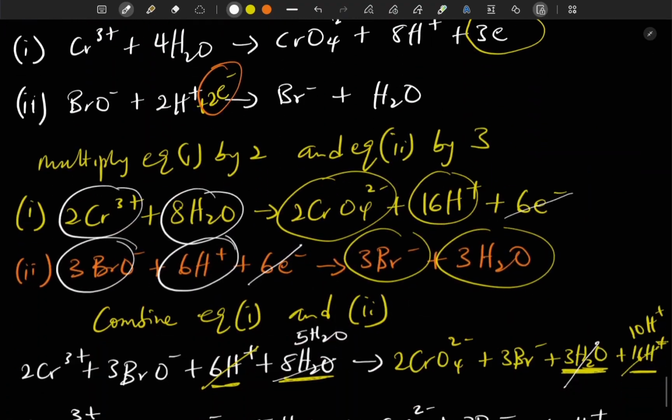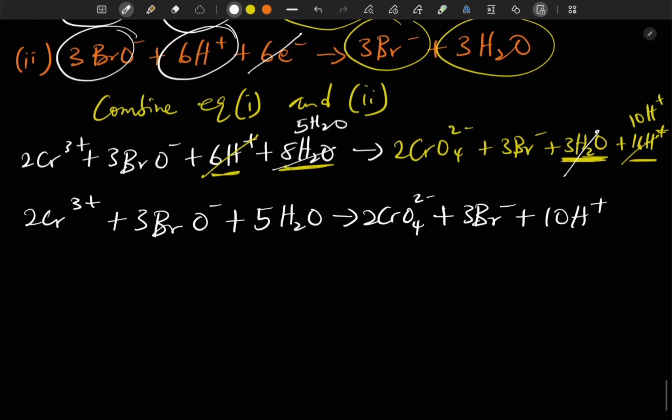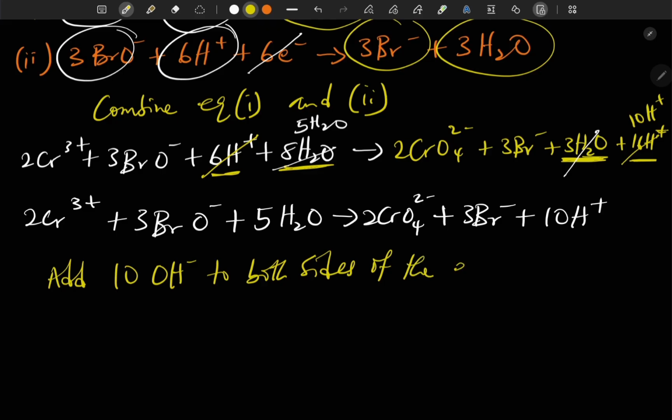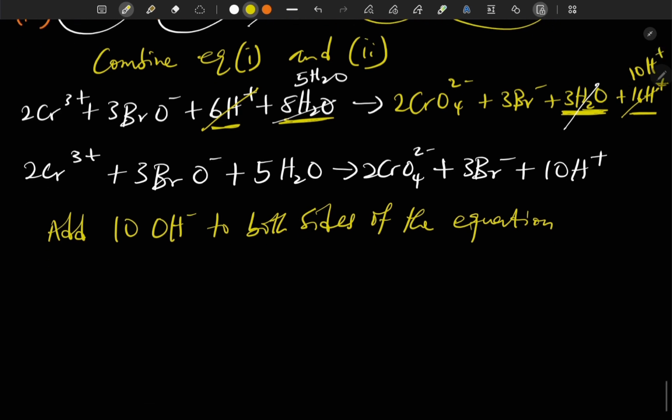So how many hydrogen ions do we have? We have 10H+, which means we are going to add 10 OH- to both sides of the equation.